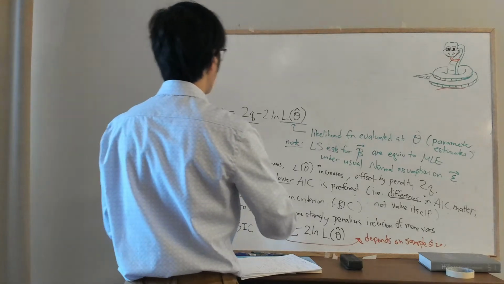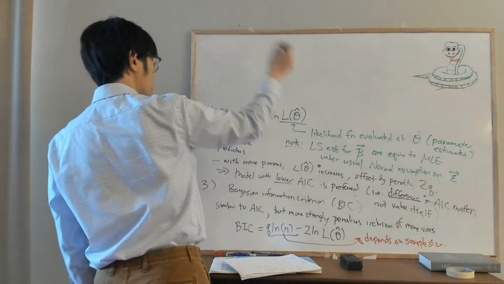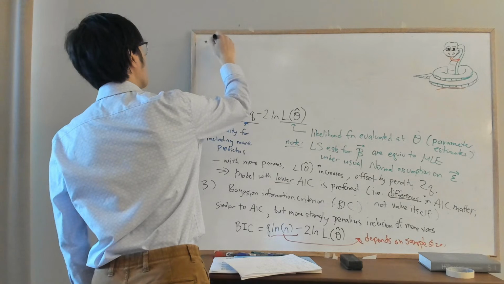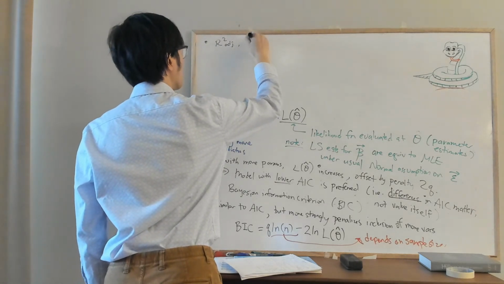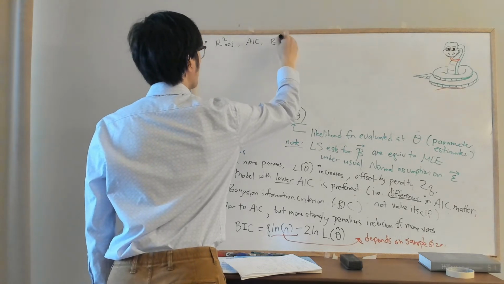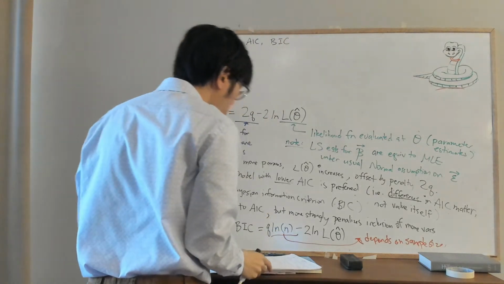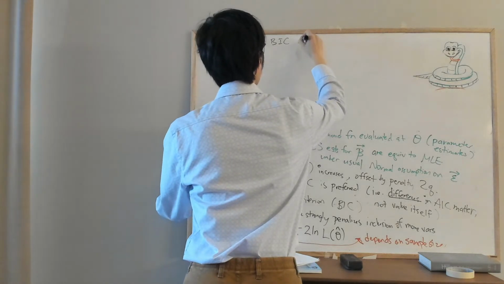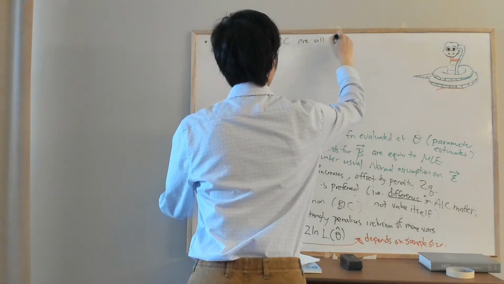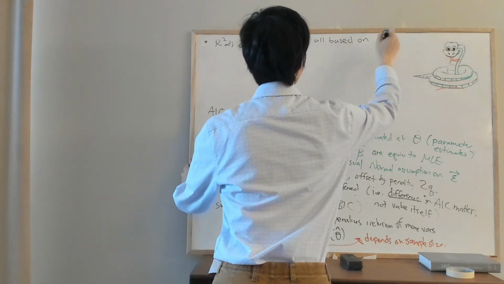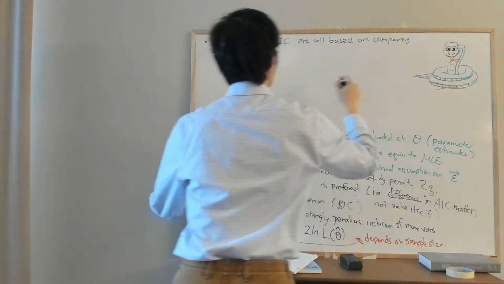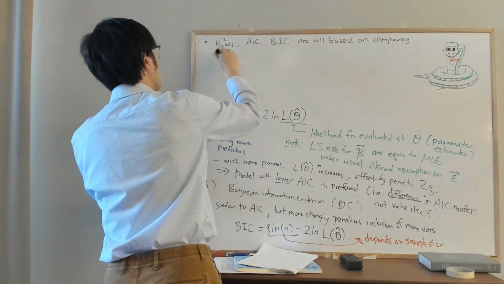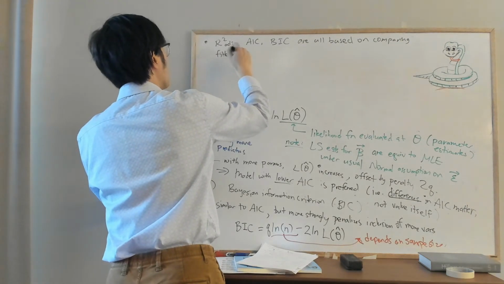Okay, here's a recap note about all these. R squared adjusted, AIC and BIC are all based on comparing the fitted models.